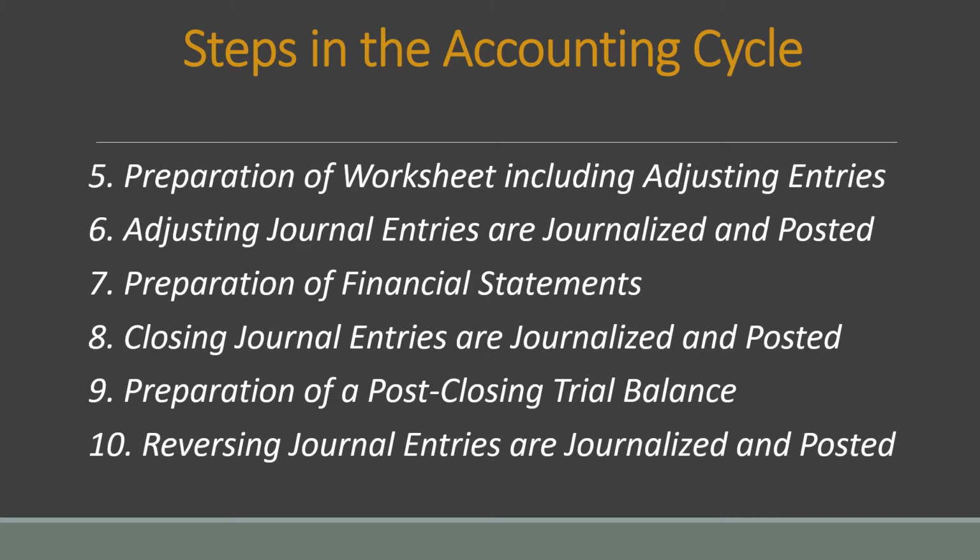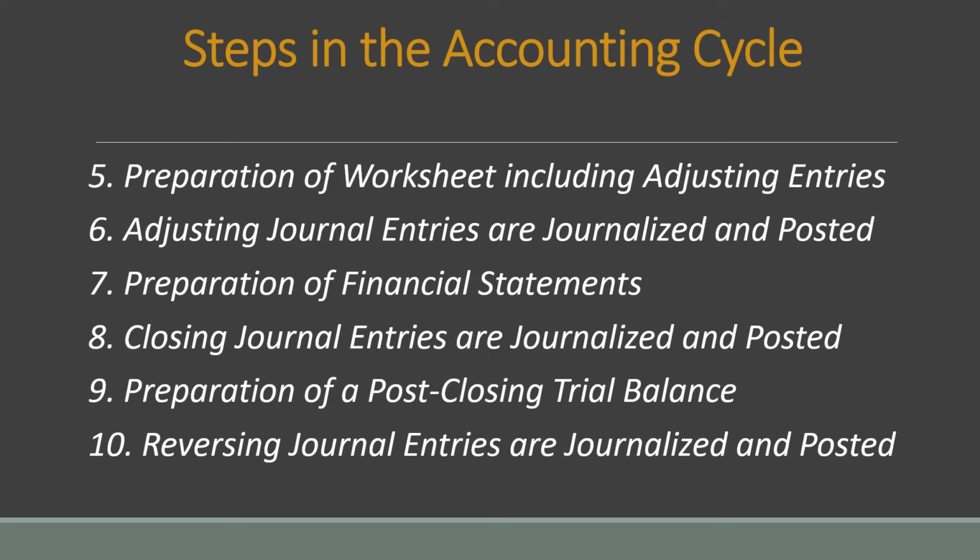So, after natin makapag-prepare ng financial statement through the use of adjusted trial balance, syempre, pupunta na tayo dun sa 8 steps. So, take note, kanina sinabi ko na yung first 2 column of the 10-column worksheet is for the unadjusted trial balance.